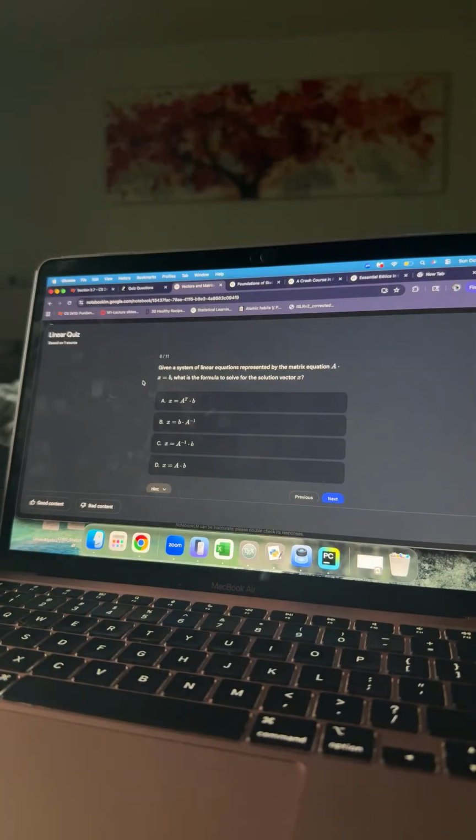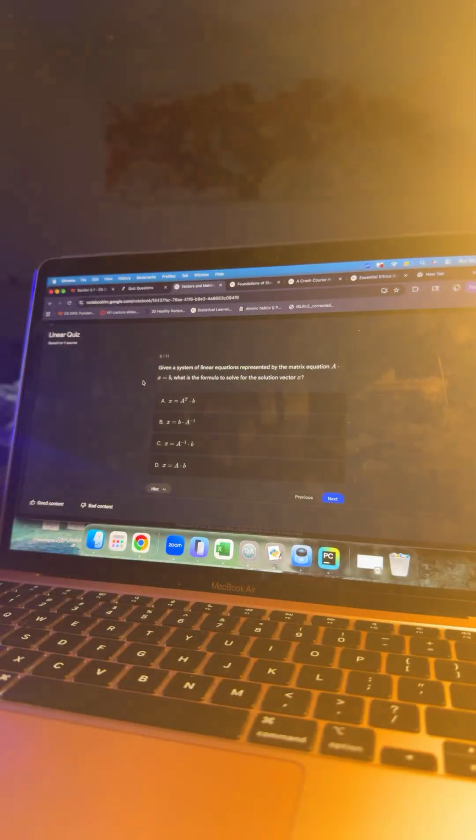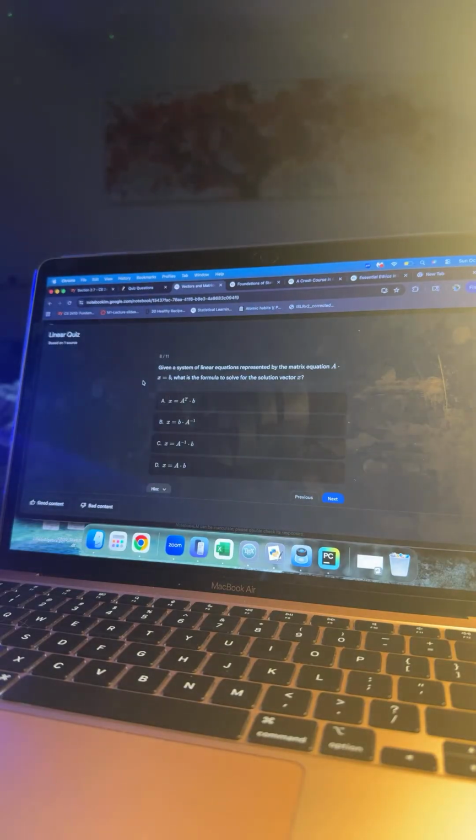Now, this is where it gets a little tricky, right? Because we're not sure. All right, the sun went down, so we need some study light here. So, a system of linear equations represented by the matrix equation Ax equals b. What is the formula to solve for the solution vector x?